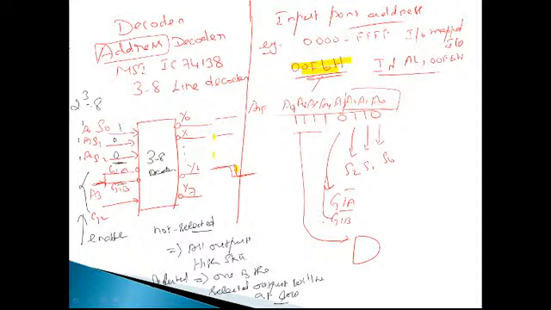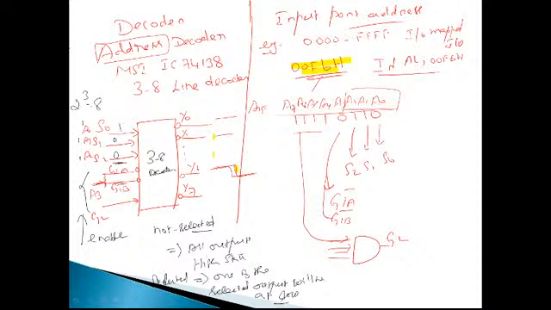That is A4, A5, A6, A7. So four inputs can be connected. The output will become 1 only when all the inputs are 1. If any one of the inputs is 0, the output will be 0. The device will not be selected. So that way I can do it. This can be connected to the G2, right?